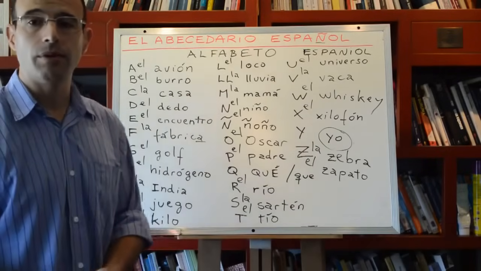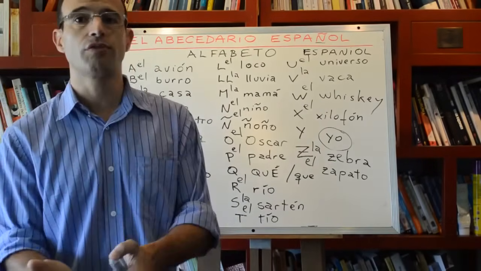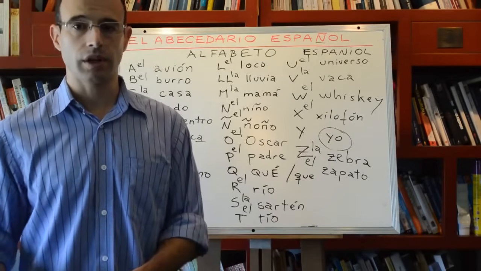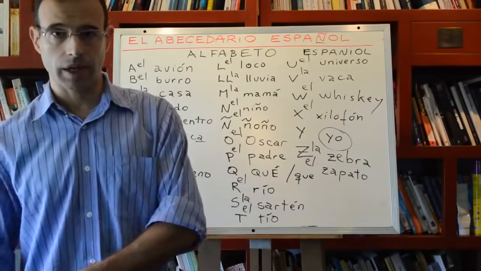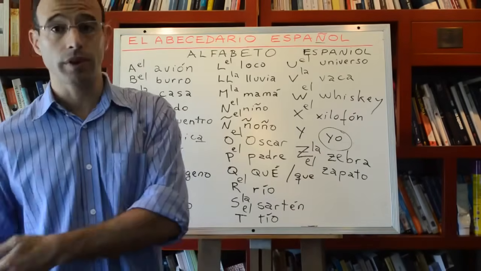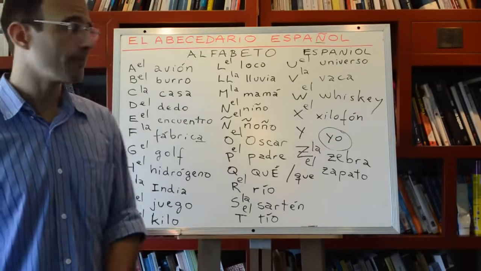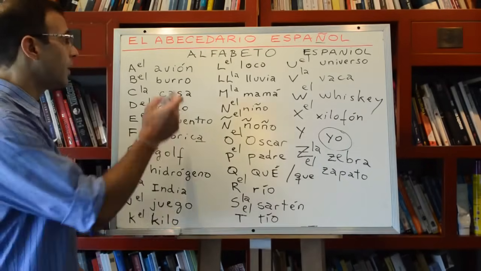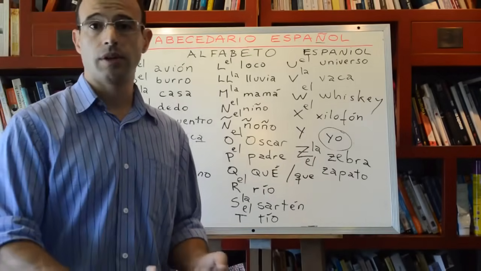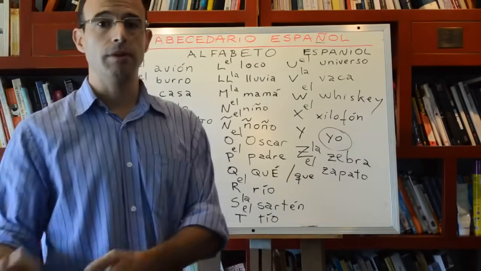There are some nouns that we can switch from masculine to feminine. For example, the word for dog: perro, perra. Perro for dog, perra with A for female dog. It's not the case with avión, because avión has no gender. You cannot have a male and a female plane.